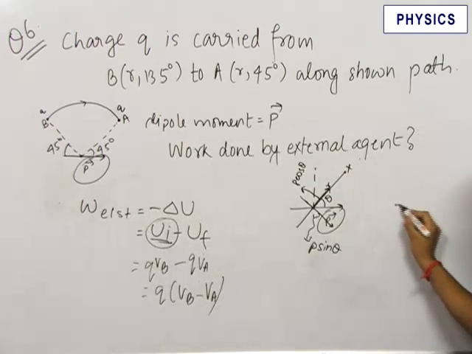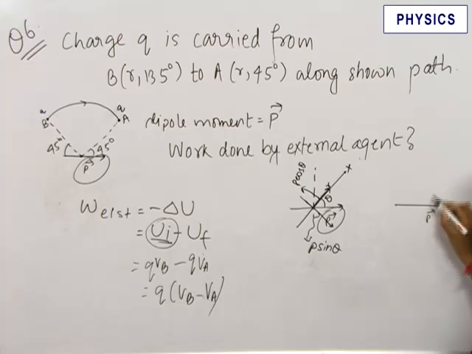Draw it clearly here. This was the dipole moment P vector. Its one component was P cos theta on this side and another was P sin theta, which is perpendicular to this vector.